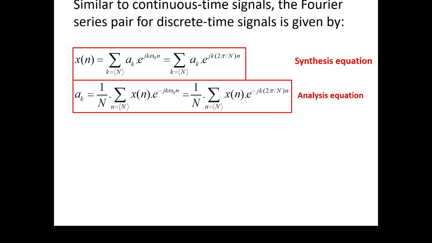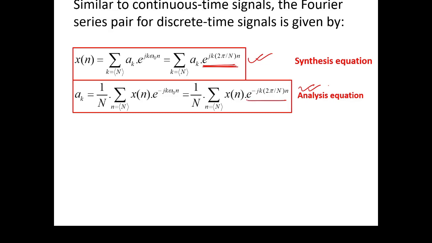Just like the continuous time signals, for the discrete time signals we have the discrete time Fourier series. The first one is the synthesis equation and the second one is the analysis equation. Again, over here you will see similar equations.